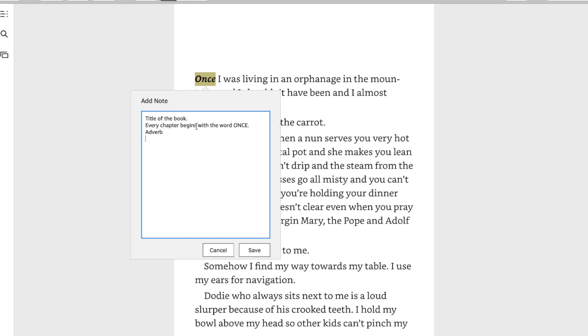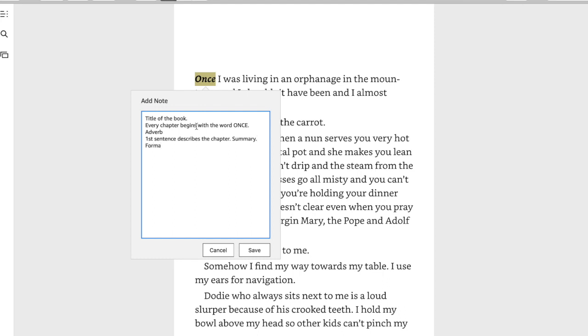What we find is that the very first sentence describes the chapter. So every first sentence of every chapter describes what is in the chapter and begins with the word Once. So if you like, it's a summary. The first sentence is a summary about what is going to happen in that chapter.